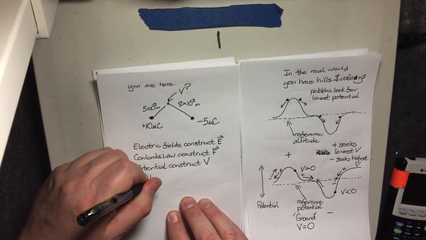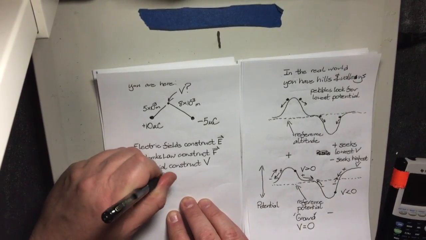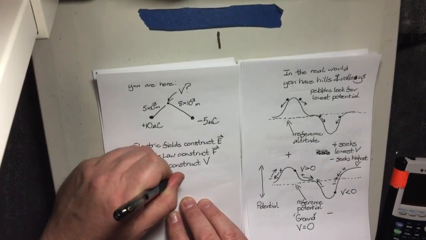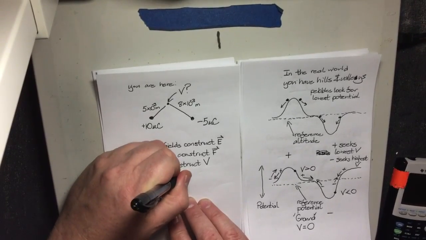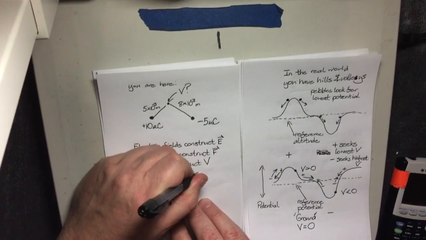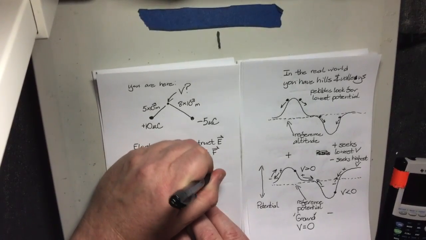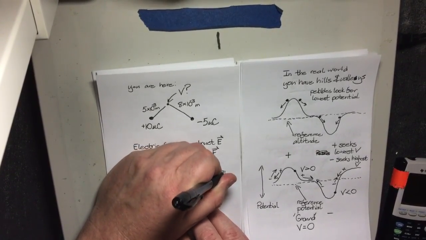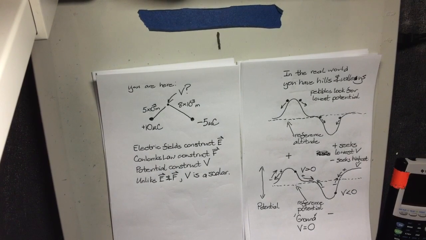Unlike the electric field and the force field vectors, V is a scalar. It's a number. It could be positive, could be negative. It doesn't care.